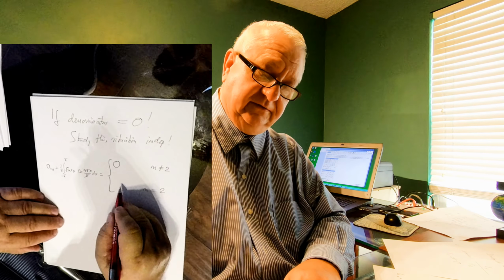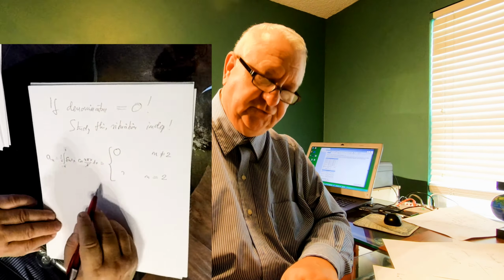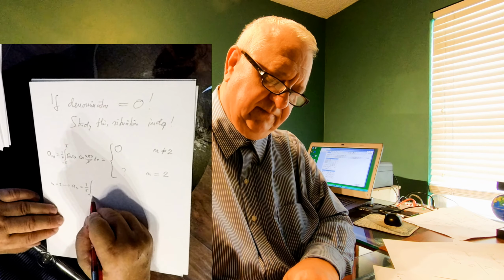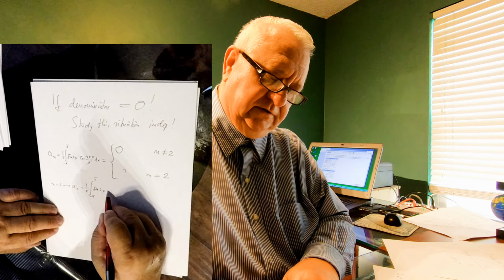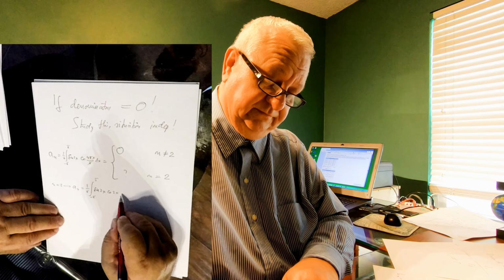So let's calculate a2. When n is 2, a2 independently is 1 over pi integral from minus pi to pi of sine of 2x cosine of 2x dx.